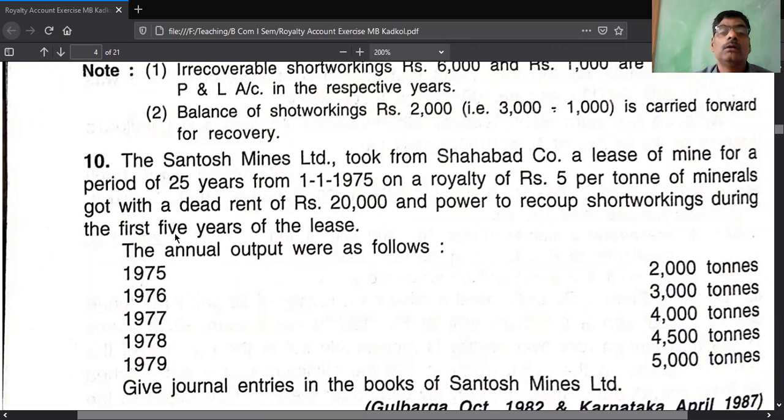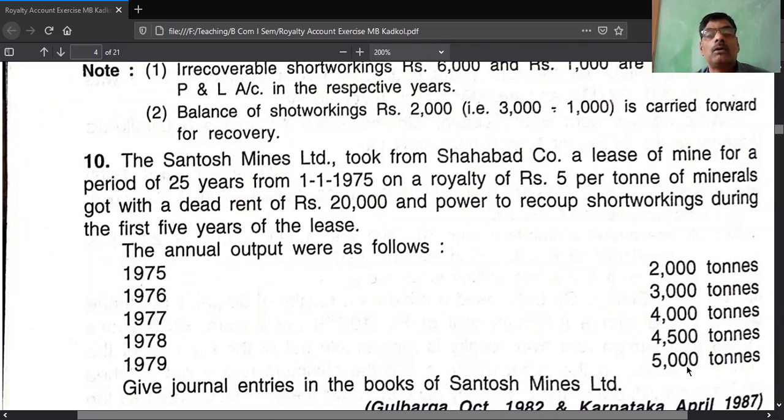Recoupment of short working is in the first 5 years: 75, 76, 77, 78, 79. You remember this. Up to 1979, you are permitted to recover. A 5-year period is given to you. At the end of 1979, if there is a balance of short working, you transfer it to the recovery column. Till 1979, you don't transfer any amount to the recovery column.